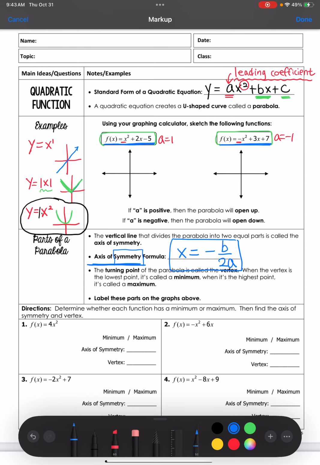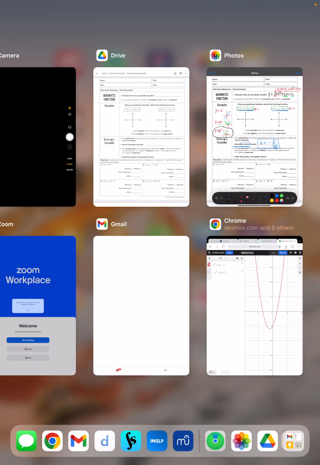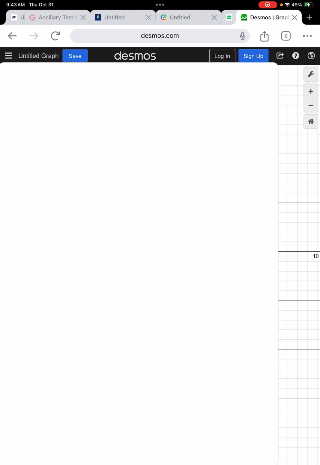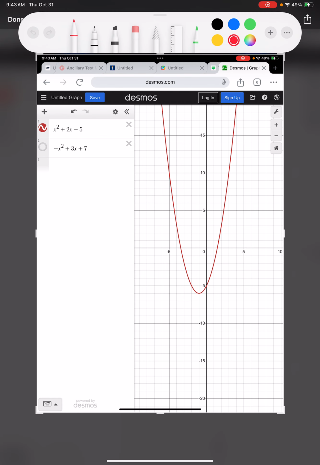So let me show you if it really is the line of symmetry. Let's define a, b, c first. This equation was y equals x squared plus 2x minus 5. And I said the line of symmetry is -b over 2a. And this is standard form. We talked about standard form.